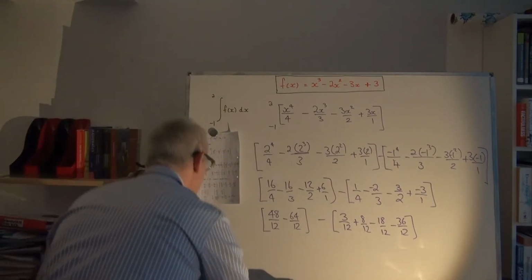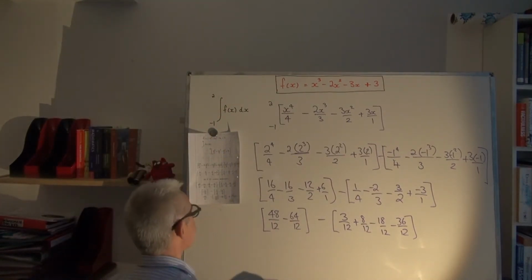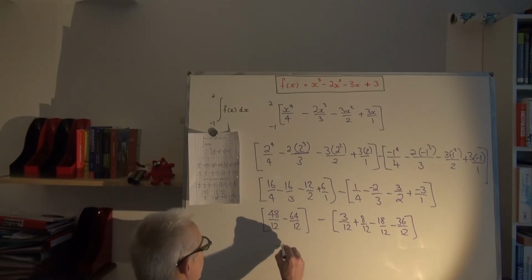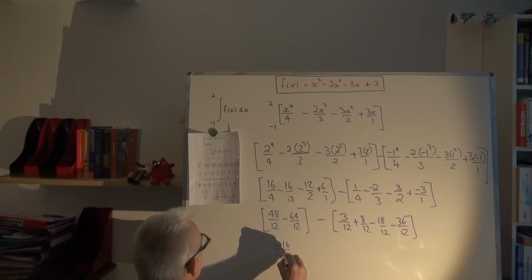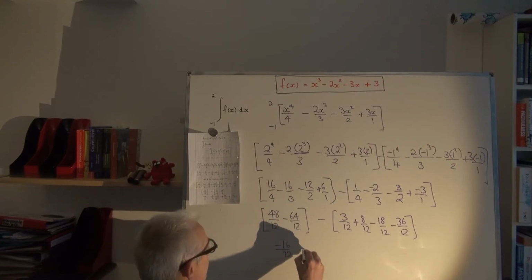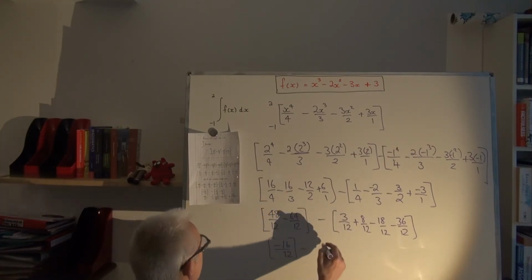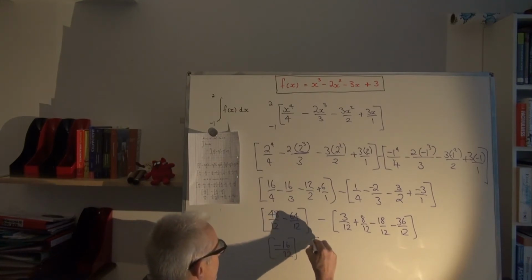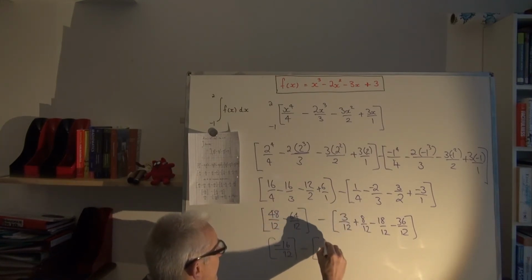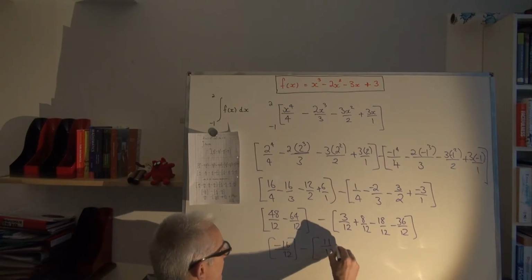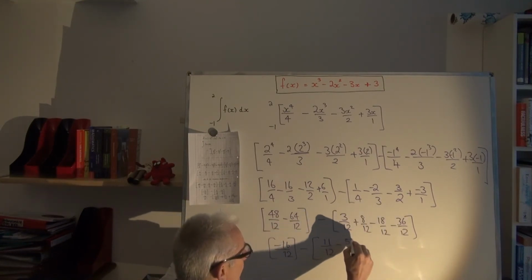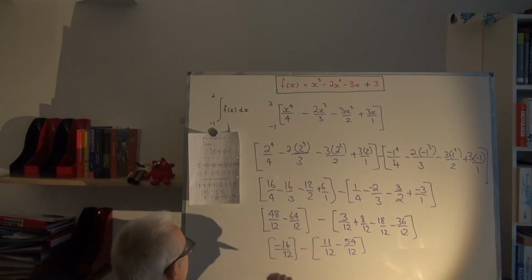So we end up with minus 16 over 12, minus the contents of this box here. It's one more step: that's 11 over 12 minus 54 over 12, which is going to give us 43 over 12.